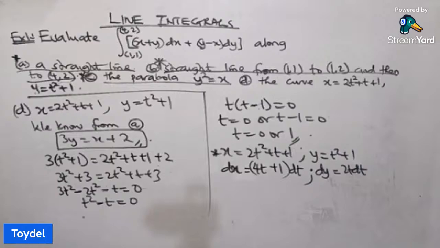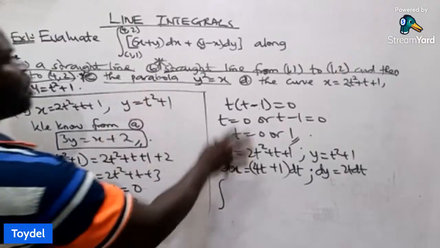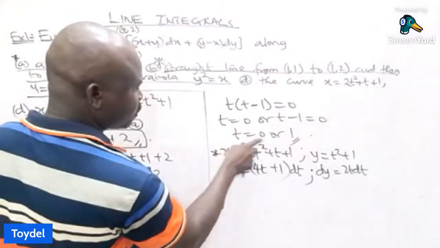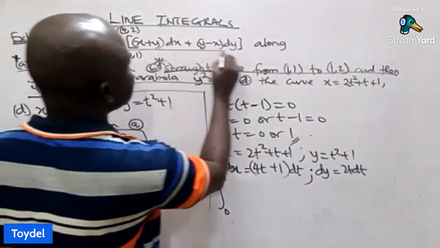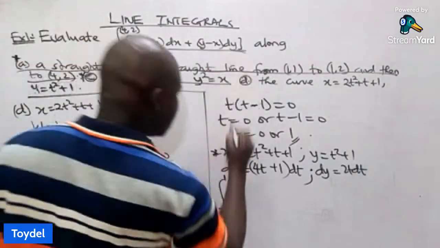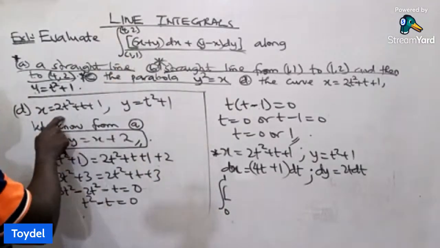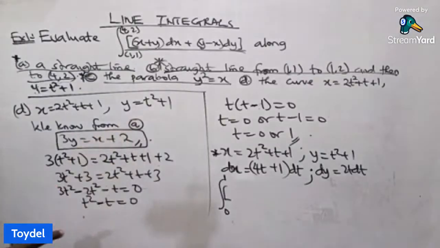So the final step now is that we are going to write the line integral in form of t. We are going to change everything there in form of t. So the lower value of t is 0 and the upper is 1. In this expression that we have here now, I'm going to substitute the value of x in terms of t, the value of y in terms of t, then dx in terms of t and dy in terms of t.